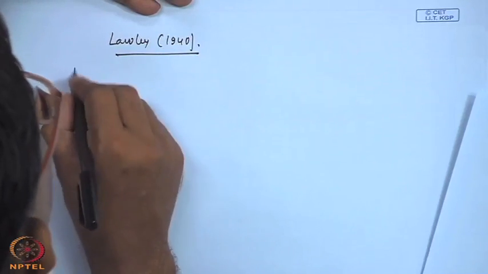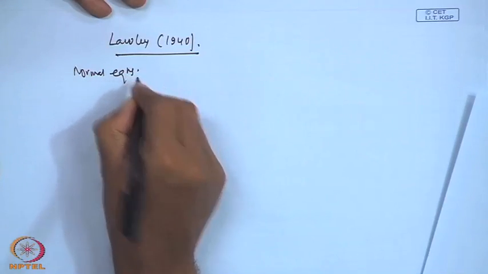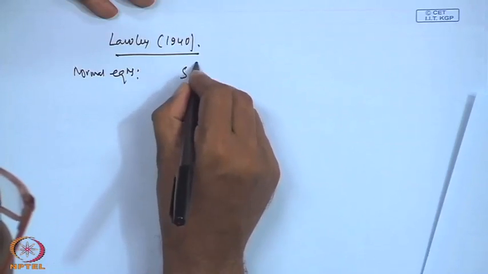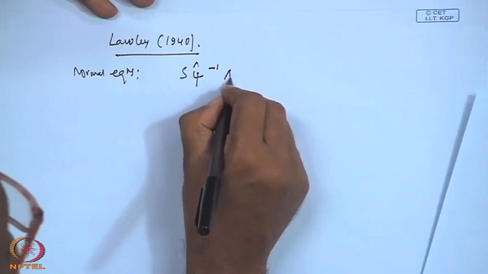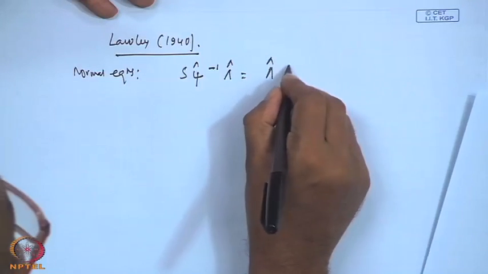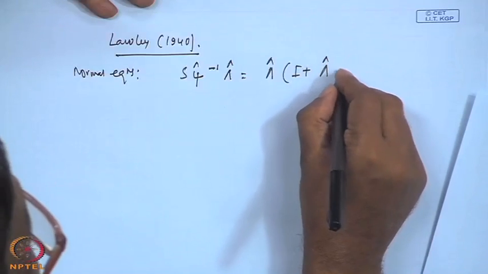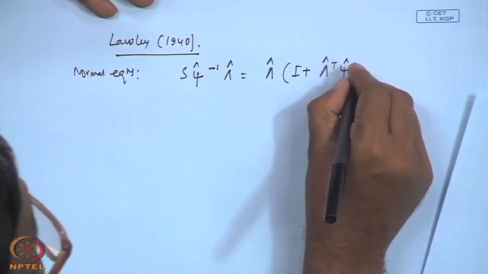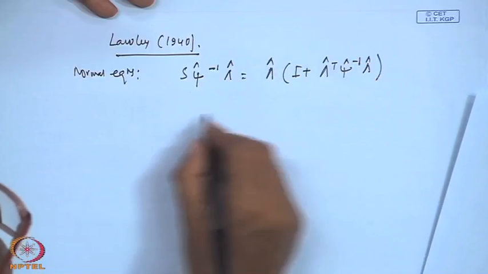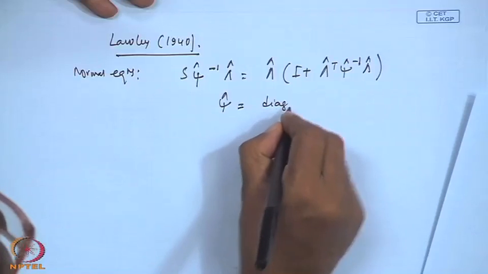He gives a normal equation for solving: S psi inverse lambda cap equals lambda cap (I plus lambda cap transpose psi inverse lambda cap), and definitely psi is a diagonal matrix.